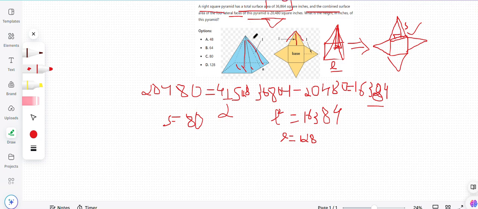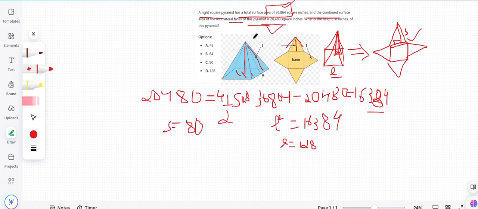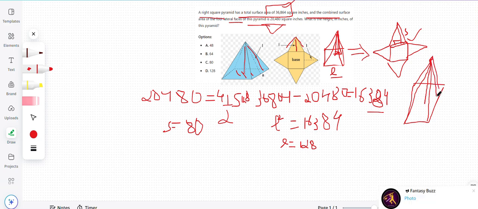Now our work is about to complete. We have to find the actual height of the pyramid. Ignore the figure, please. If this is the pyramid, this is the actual height here, this is the slanted height, and this is the actual height.